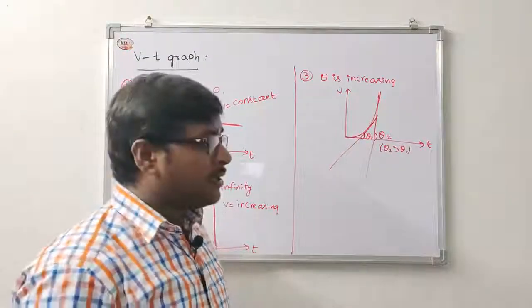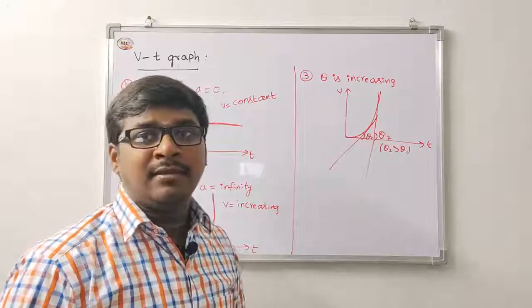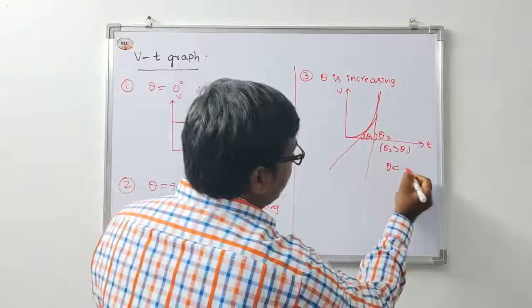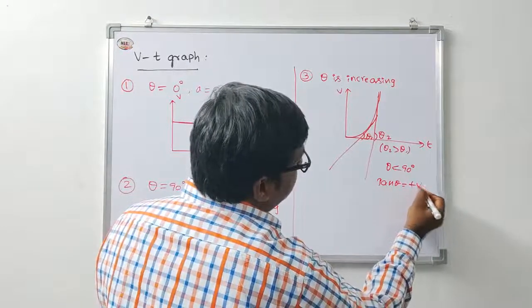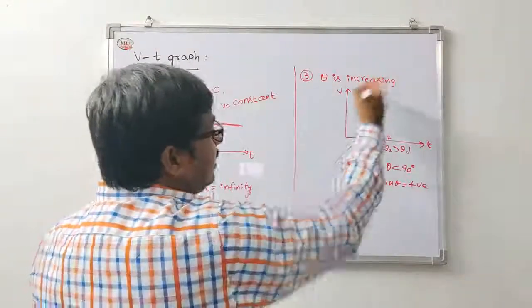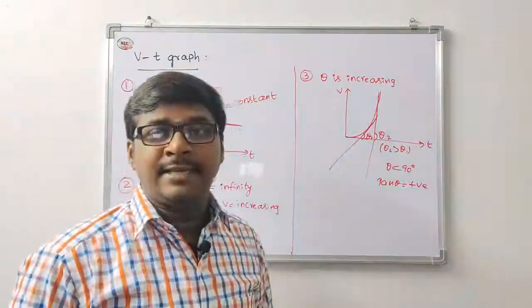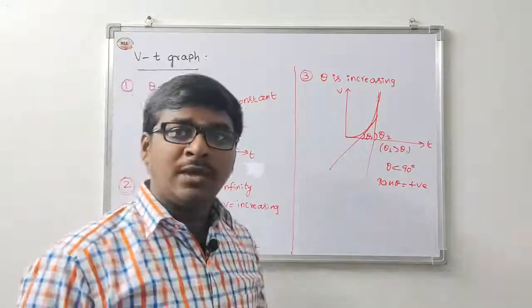Theta is less than 90 degrees, that is an acute angle, so tan theta is positive. Theta is increasing, then velocity is also increasing.